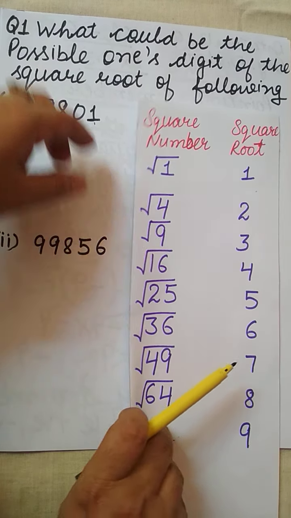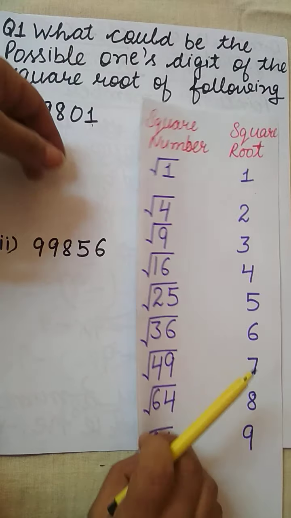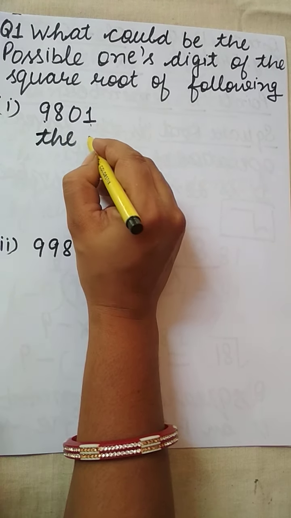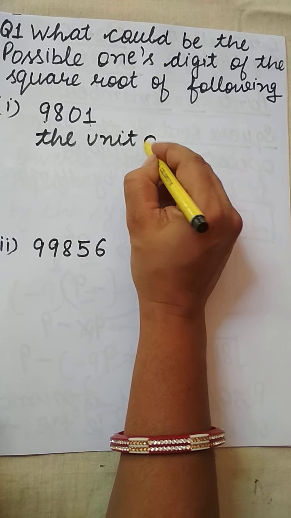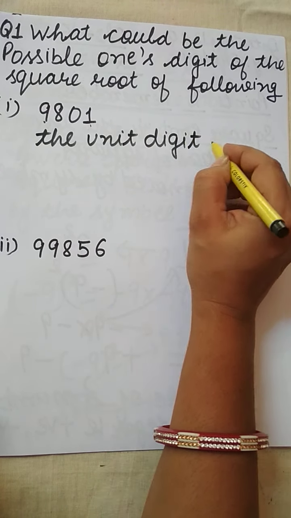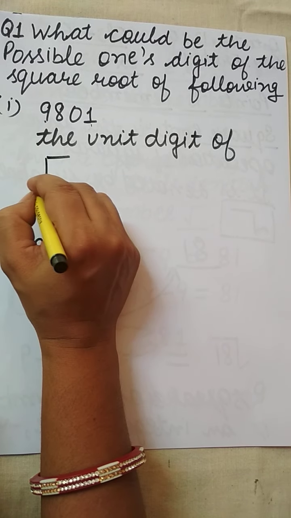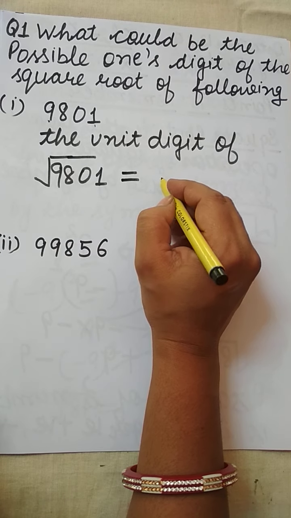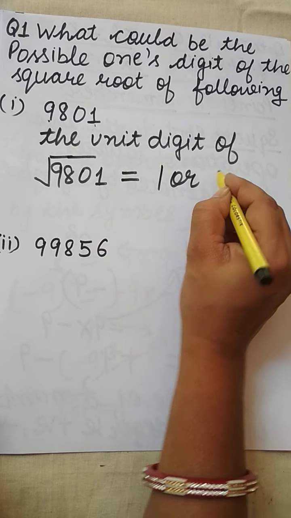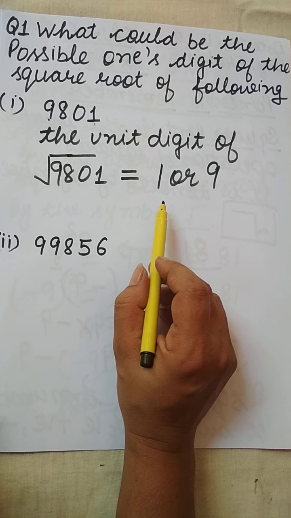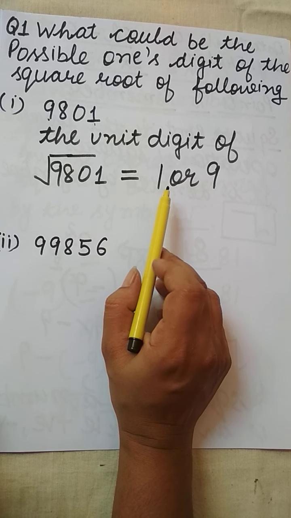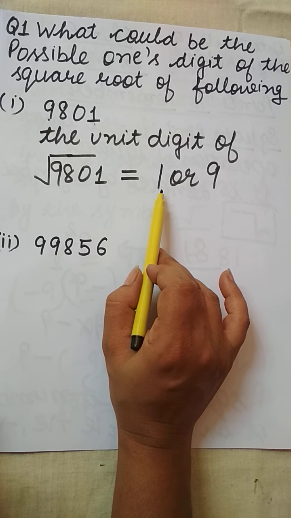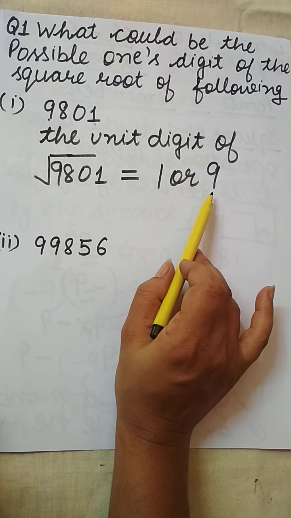So we can say that from this chart, the unit digit of square root 9801 will be equal to 1 or 9, as the number which will have 1 at its unit digit, the square of that number will be 1. This is same for 9.